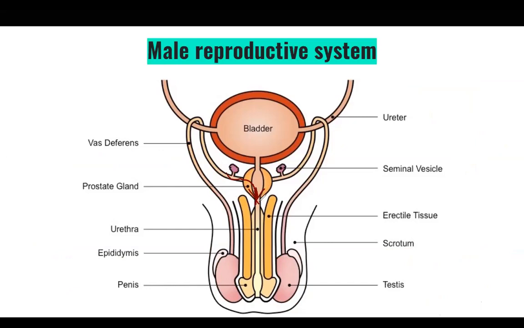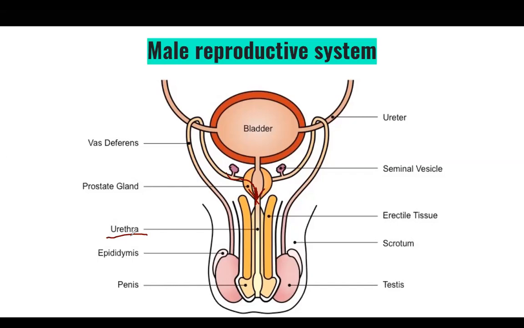We know urethra. We are familiar with this part of the body. That's the part of the excretory system which removes urine from the body. Also, urethra can help to release the sperm.